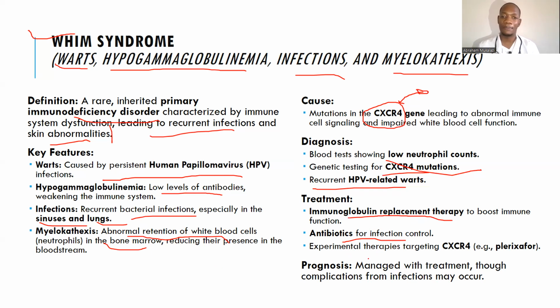Then there have been experimental therapies targeting the CXCR4 gene, such as Plerixafor, which is not yet available in our country and is still experimental. But in this case, at least you can give the antibiotic, and if you are in a better setting, you can give the globulin replacement therapy. With treatment, there's usually mild improvement, but this condition stays with the patient for life.